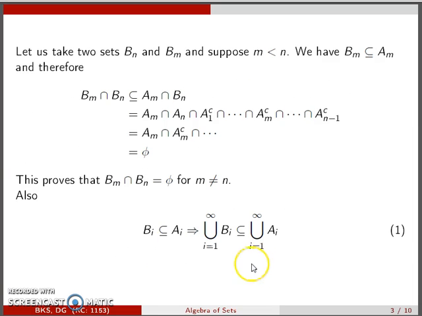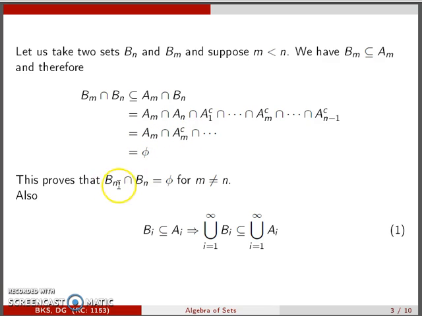and by definition Bn is a subset of An for each n. Now, for any two sets Bn and Bm, we assume that m is strictly less than n. We know Bm is a subset of Am, and then Bm intersection Bn would be a subset of Am intersection Bn. Now Bn by definition will include this Am complement. So in the intersection they will give empty.